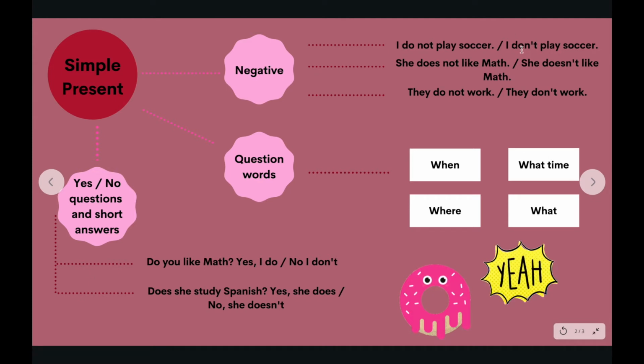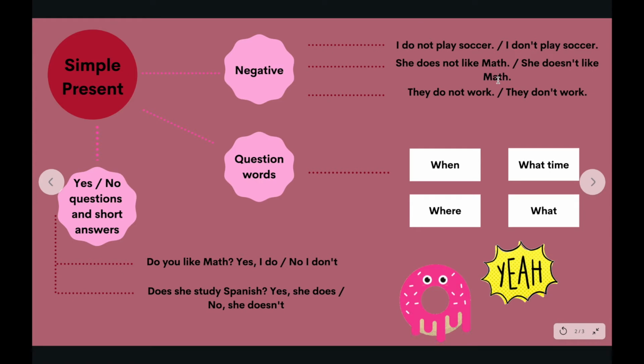It's the same, but with a short form. Then you have, she does not like math, and in the short form, she doesn't like math, maybe because it's too difficult to understand. And finally, in the third example, we have they do not work, or in short form, they don't work.